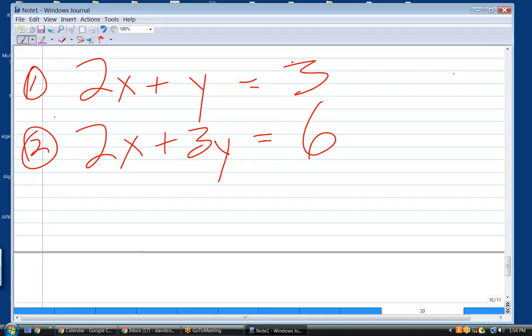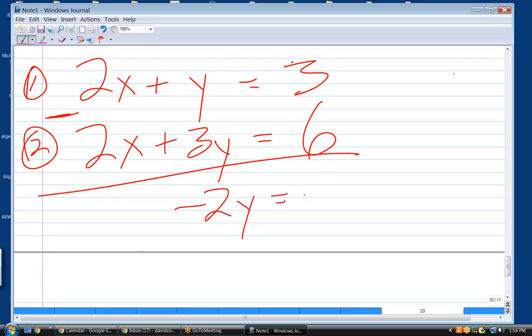I'm going to subtract the two equations. What do you get for an answer? 0 plus, I'm going to subtract 1y, positive 1y, minus 3y. What do you get? Minus 2y equals minus 3, and then y would equal positive 3 halves.